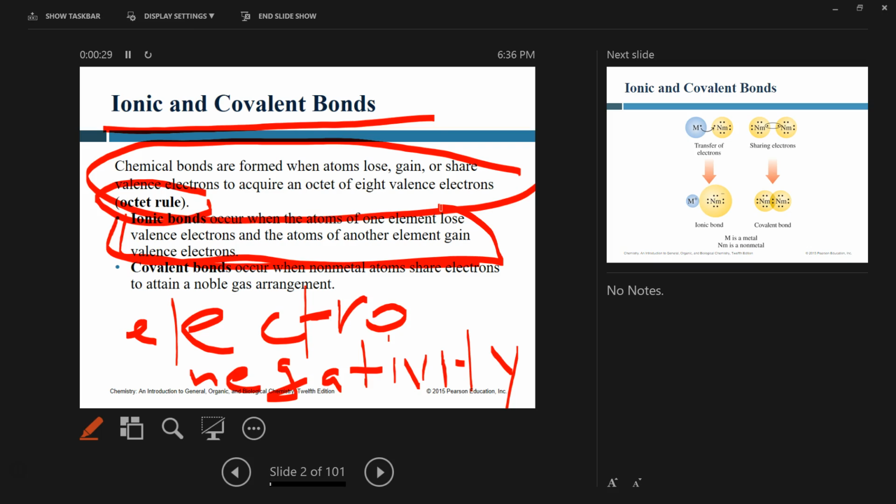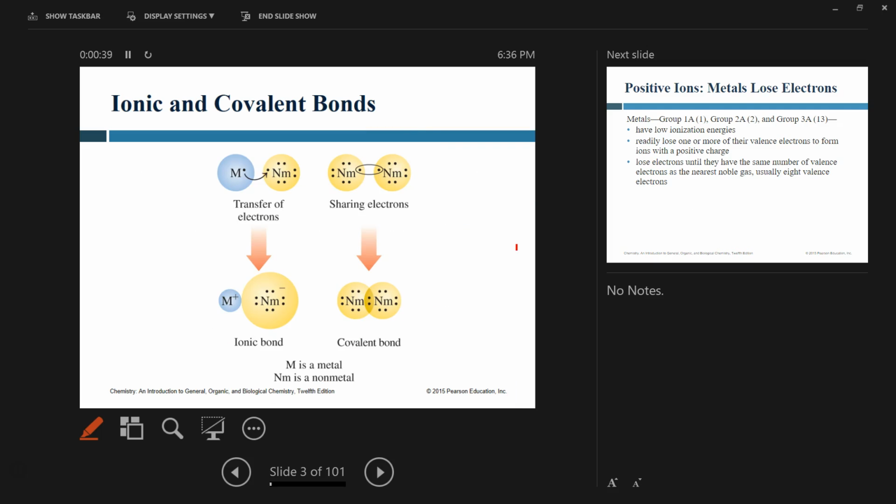Now, covalent bonds are formed when atoms of non-metals share the electrons. So let me explain. This is metal, say sodium, and the yellow is non-metal, chlorine.